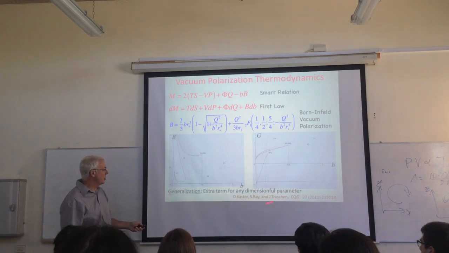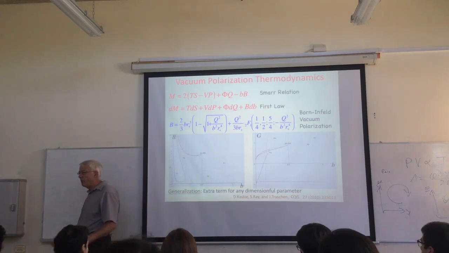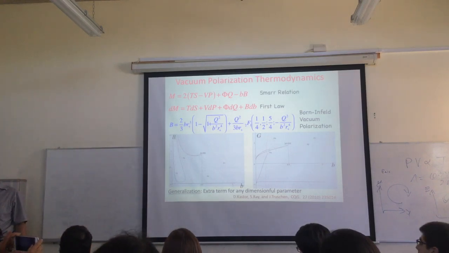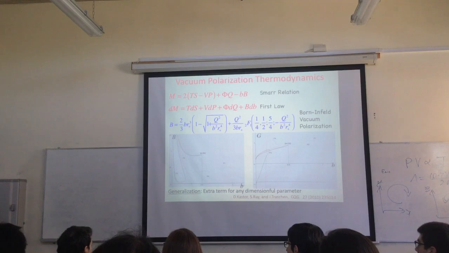This was a harbinger to a paper by Kastor, Ray, and Traschen, where they pointed out that basically, and this is a bit universal to get to your question, any theory which has dimensionful parameters will have a thermodynamics associated. And this is going to come out in Lovelock gravity, as we will see next time.